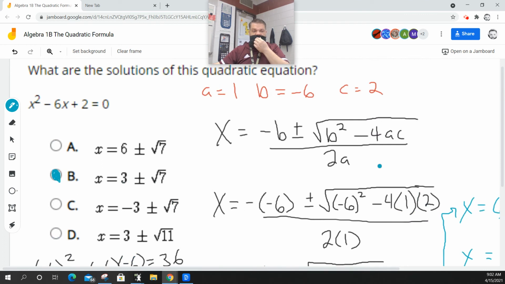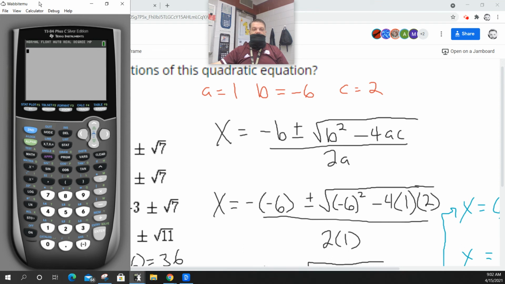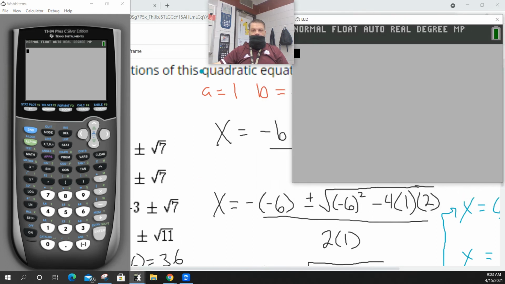Now, how do I double check that with my calculator? Well, I know what A, B, and C are, so I can put them in my calculator. So grab your calculators, turn your calculators on. I want to show you how to do this. See this button that says program?